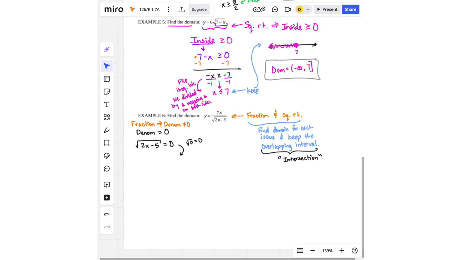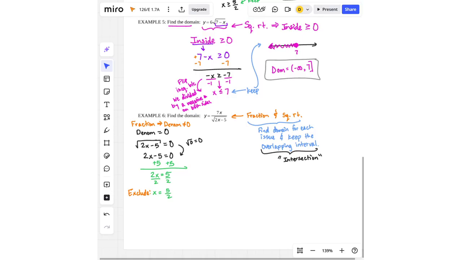So the only way the square root equals 0 is if the inside, 2x minus 5, equals 0. We're going to add 5 to both sides, and we get 2x equals 5. Divide both sides by 2, and x equals 5 halves. Remember, this is actually what we're going to exclude.